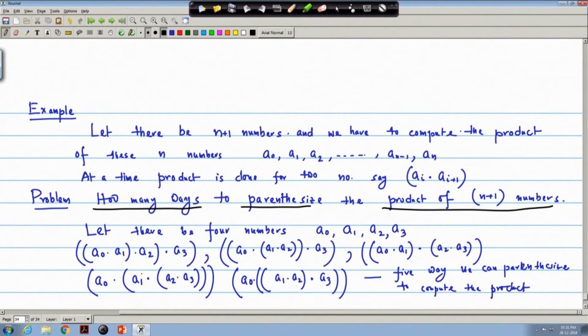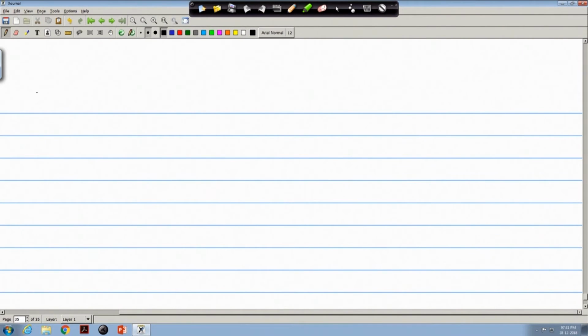Say we take A0, A1, A2, so A3 is the one number left. When there are 3 numbers A0, A1, A2, we first complete the product of these 3. That gives how many ways we can parenthesize 3 numbers instead of 4, and then we add 1. If we can do it this way, then I can write my solution.